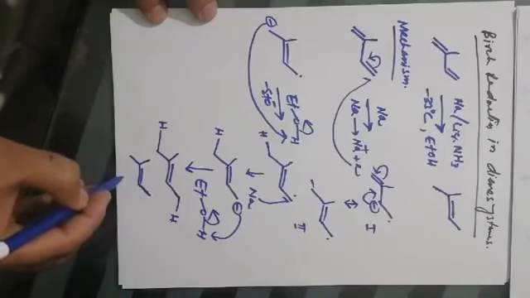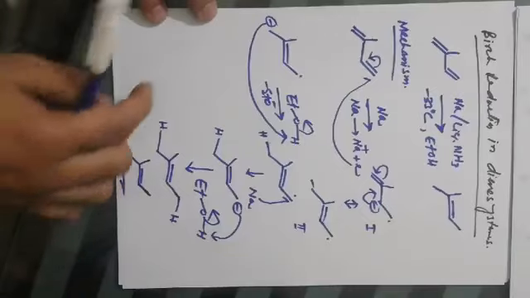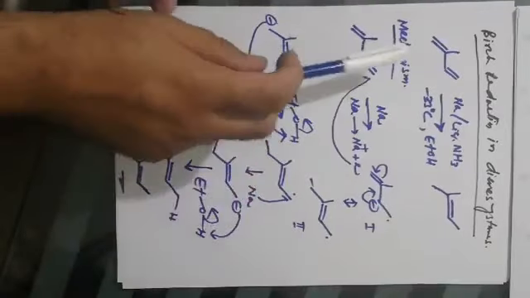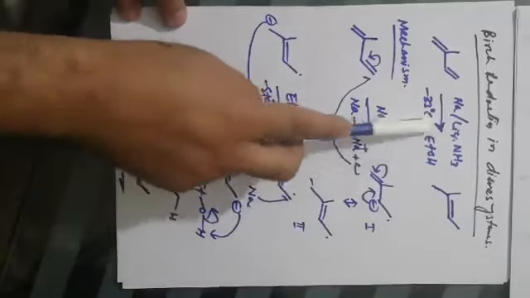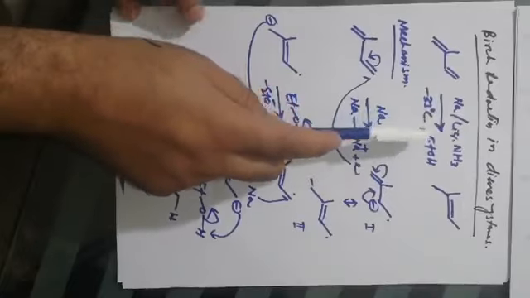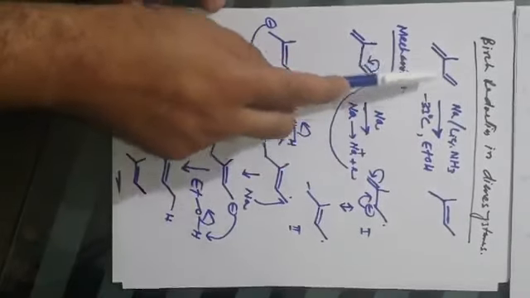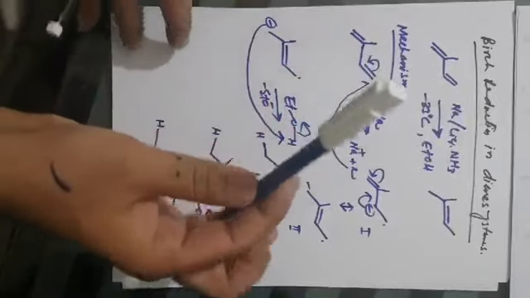So you get this, your final product. So it means that the dienes could also undergo the Birch reduction, but there is a condition that these two dienes must be conjugated dienes.